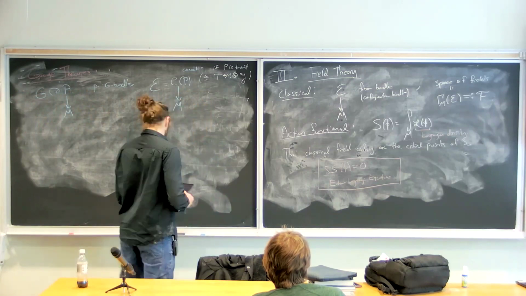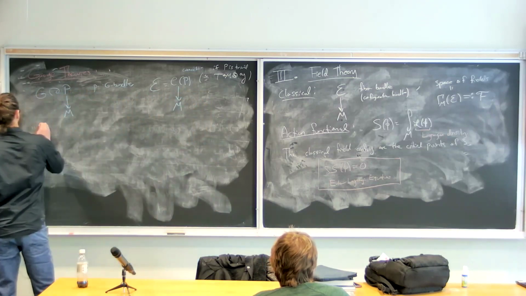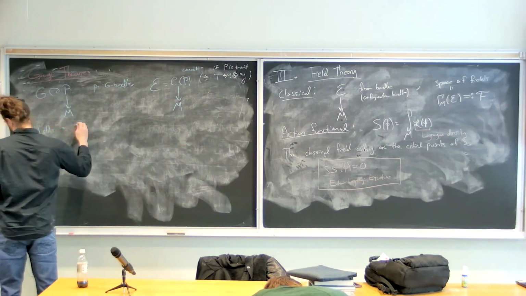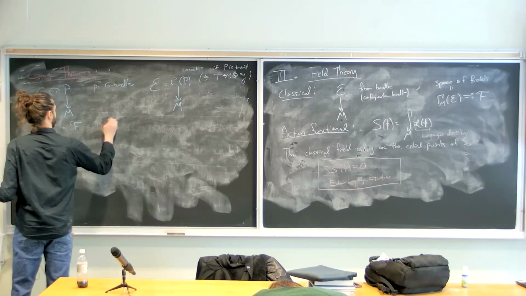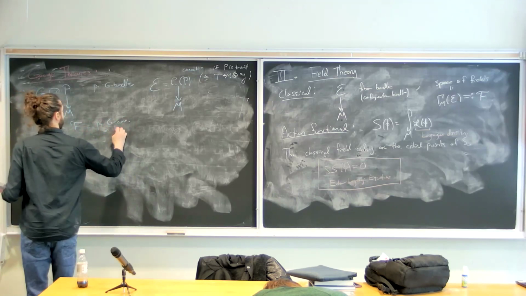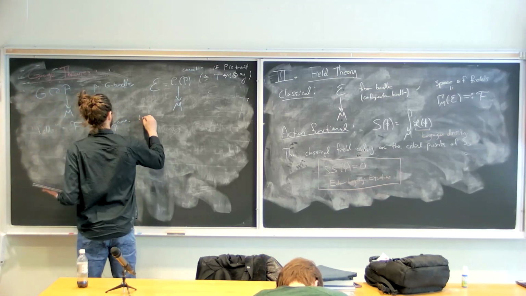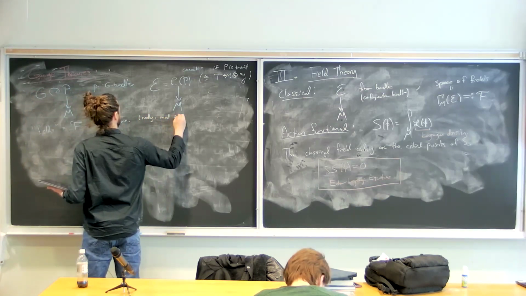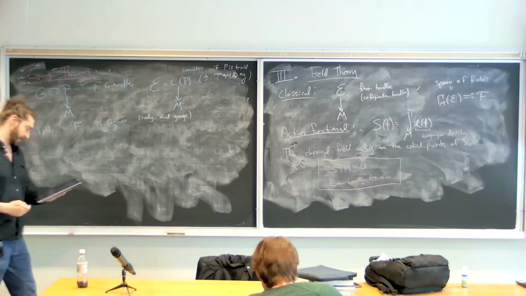And then the fields are just the principal G connections on P, and then really this ought to be modulo gauge transformations. Okay, but I'll talk about that towards the end.